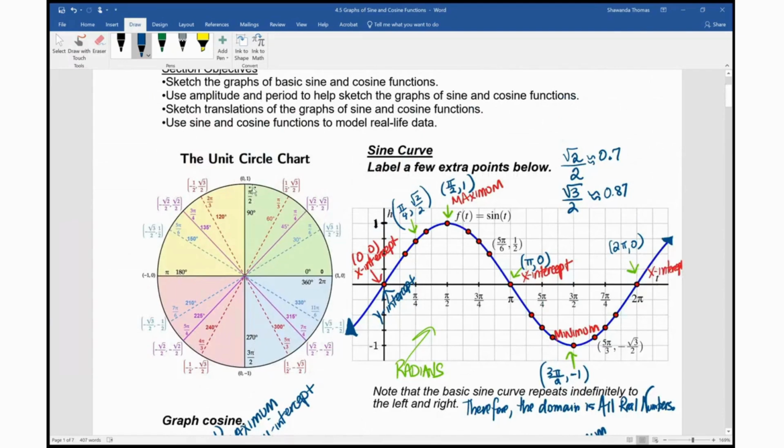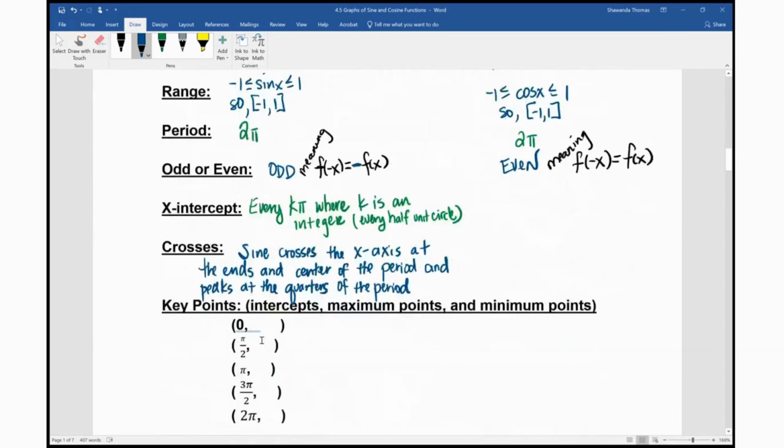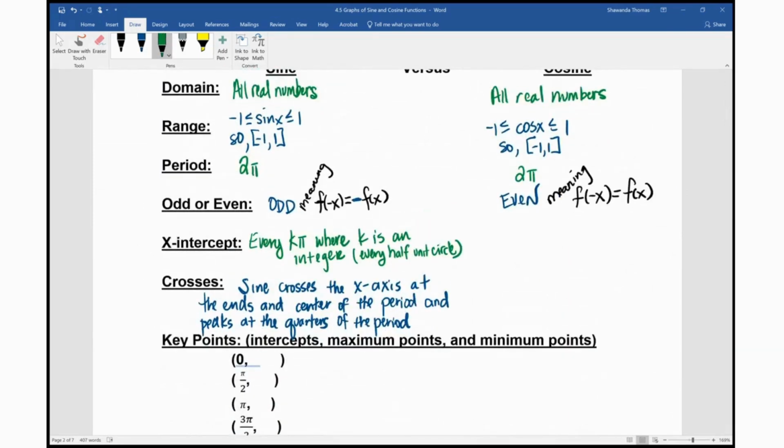Pi over 2 plus a pi gets you to 3 pi over 2. Therefore the x-intercepts are every pi over 2 plus k pi, where k represents an integer. k could be 0 to start with pi over 2, then k could be 1, so pi over 2 plus 1 pi is 3 pi over 2, and you keep going on and on forever.